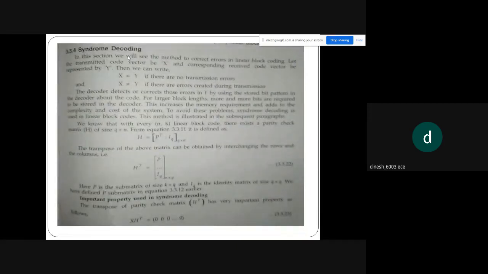You can write it as X of size 1 cross n, H transpose of size n cross q, which should always be 0, and this is true for all the code vectors. H transpose product will always be 0 for all the code vectors. So this is your property.